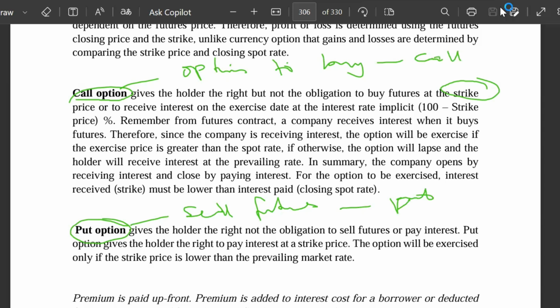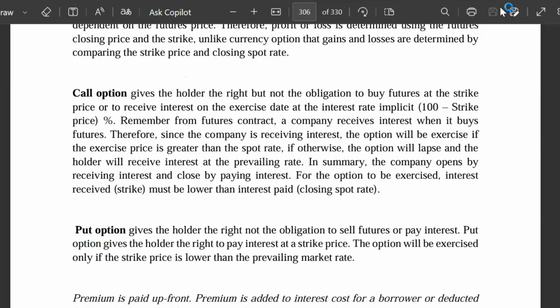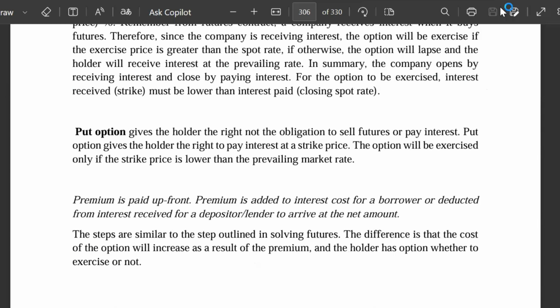Whether it is the call or the put option, the holder is not expected to make a loss. Therefore, the option contract comes with a cost, and that cost is known as the premium. The premium is the cost for arranging the contract.